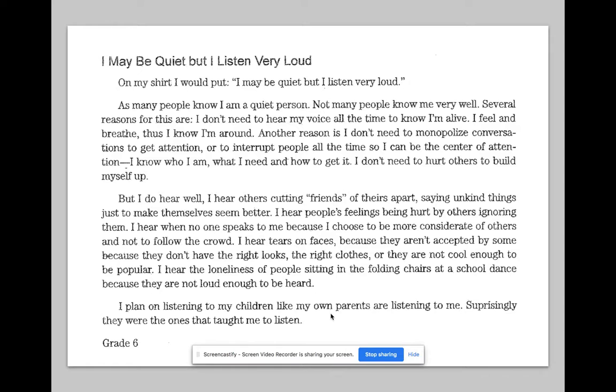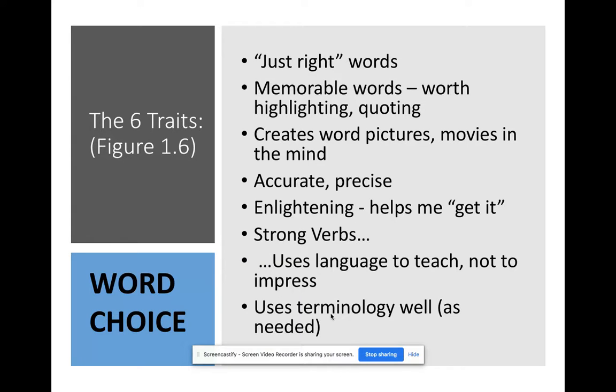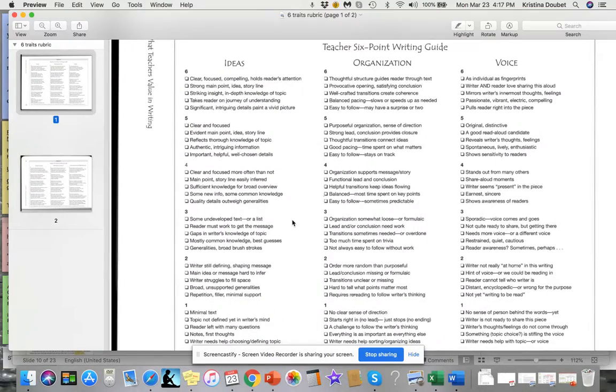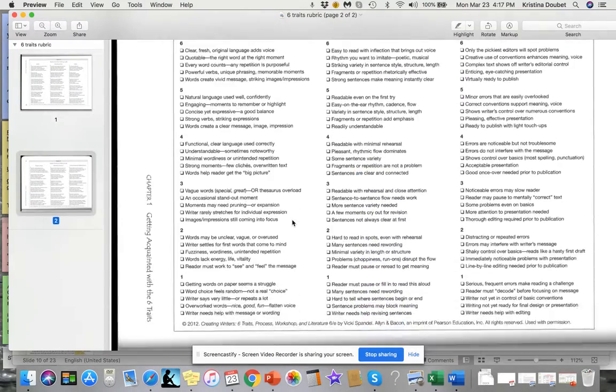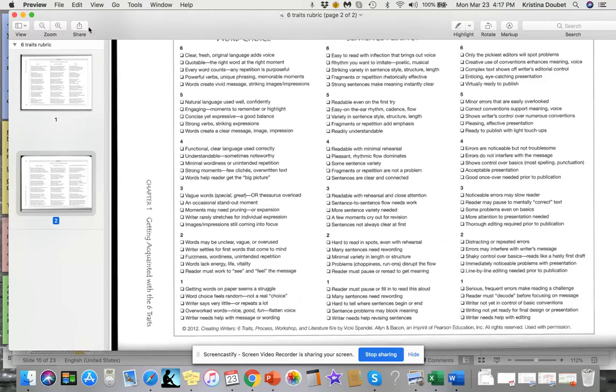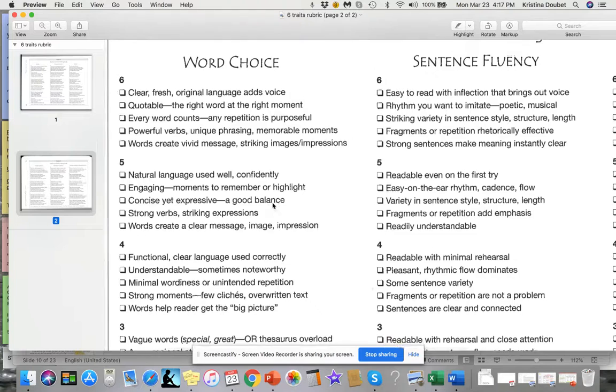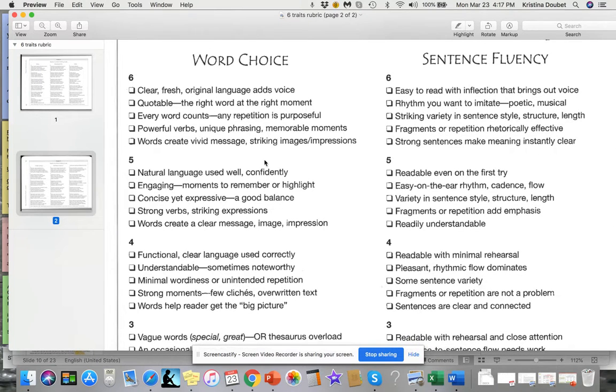So if we look at this one, I'm going to let you read this one, pause the video and read it so you're familiar with it. And then think about how well they did with this. In fact, if we go to the 6 traits rubric and we look at word choice, what would we give it? It's very hard to see. I should have done a better job of getting ready with this.